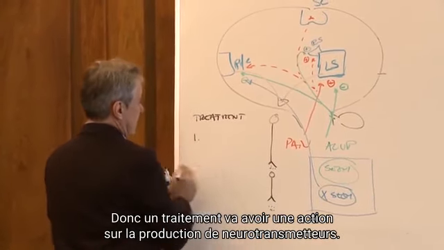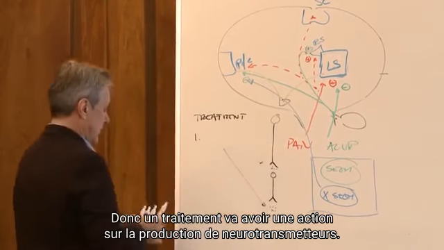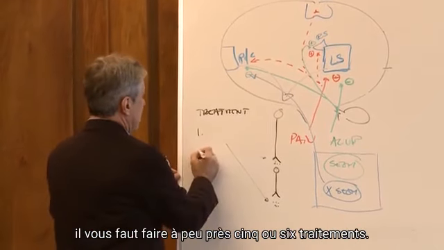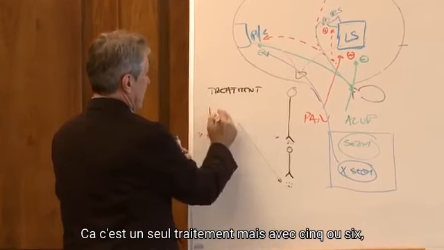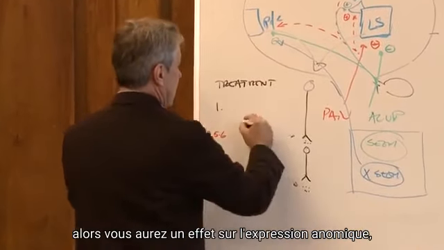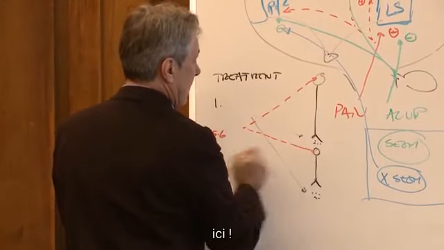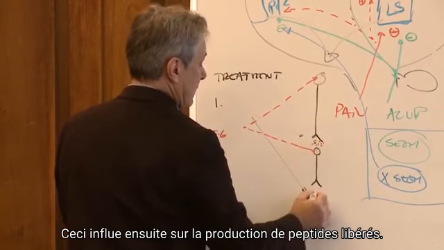So one treatment is basically affecting the release of the neurotransmitters. But if you want to have a long-term effect, you need to do about 5 to 6 treatments. Then you're having an effect on the genomic expression here, which is then affecting the amount of neuropeptides that are released.